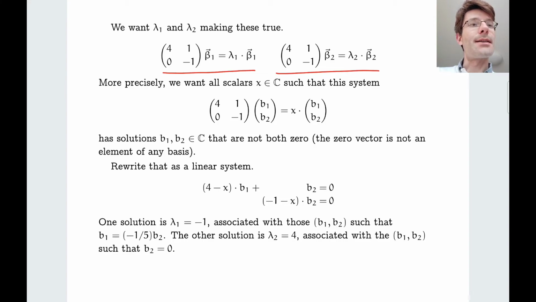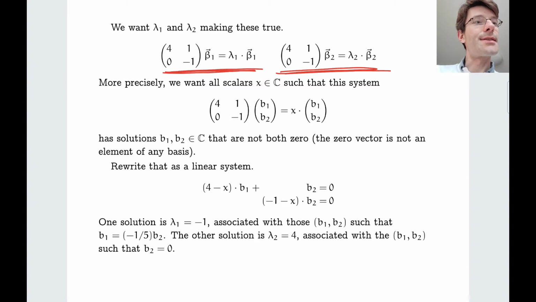So multiplying the matrix to the basis element should give us a scalar multiple of that same basis element. And we have to find two different, in fact, linearly independent vectors, beta 1, beta 2, and scalars lambda 1, lambda 2. Well, lambda 1 could be equal to lambda 2 as far as we know, such that these equations hold.